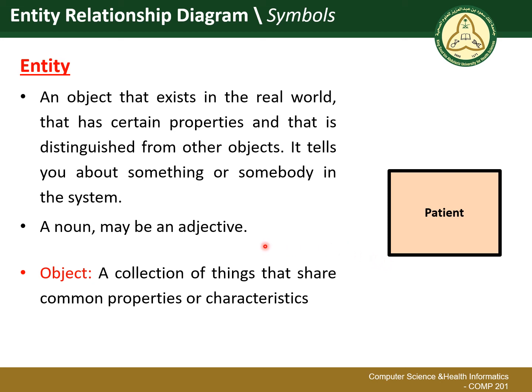It's usually a noun, and it might be an adjective. The object is a collection of things that share common properties or characteristics. For example, if we have a patient table, we can represent it as the entity patient in the rectangle or the box shape.